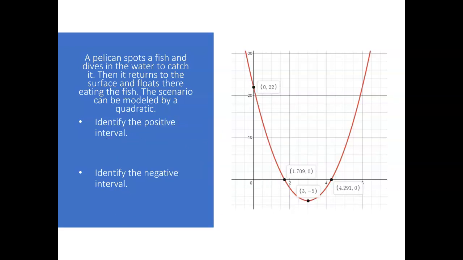Now, our next interval is positive and negative. Positive and negative is a little bit different than increasing, decreasing. Increasing means the slope is positive, it's going up. Decreasing means the slope is negative. But positive and negative intervals is talking about when the function, meaning our output, the y values, is either positive or negative.